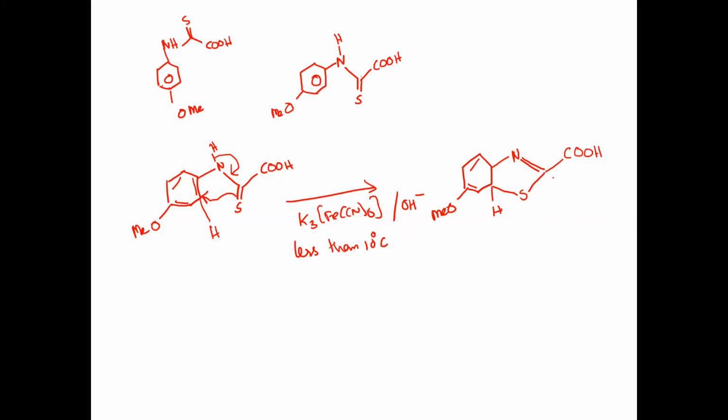Minus H plus: this proton will go off. Because of that, this carbon atom will become negatively charged, which means the electron will be here.